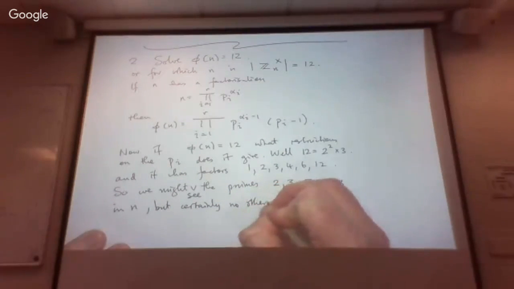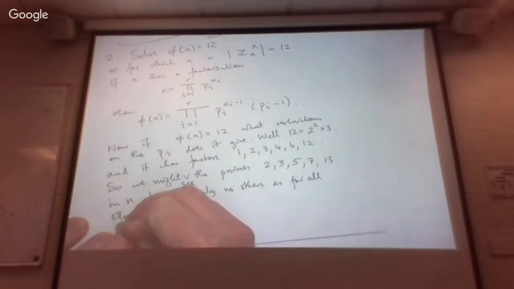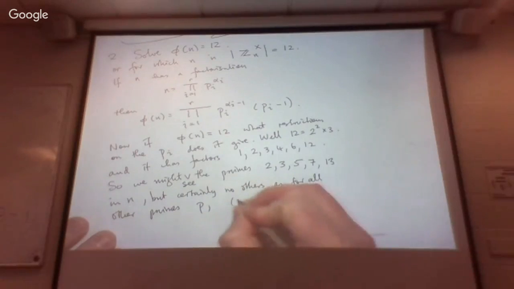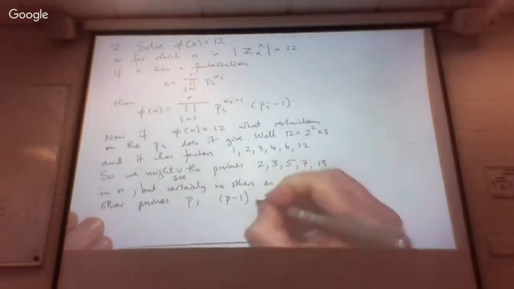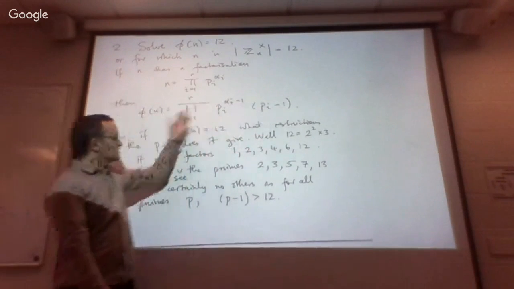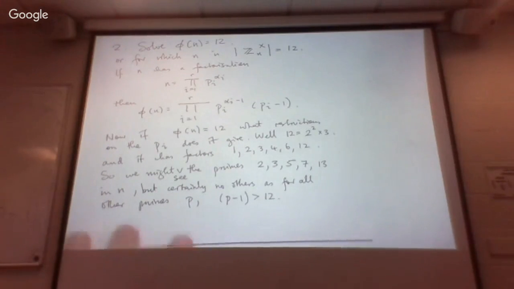As for all other primes p, the p minus 1 factor that you get here is going to be strictly bigger than 12. So you can't have it here as one of the factors in a product which is supposed to equal 12. It gets bigger than 12.